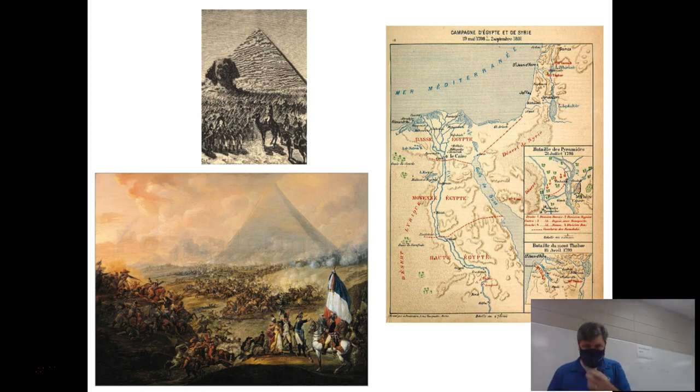And it is understood that before long, we're going to dig a canal connecting the Red Sea to the Mediterranean. And what this will enable is shipping to go from southern Europe to the Indian Ocean. And today that canal is called the Suez Canal.